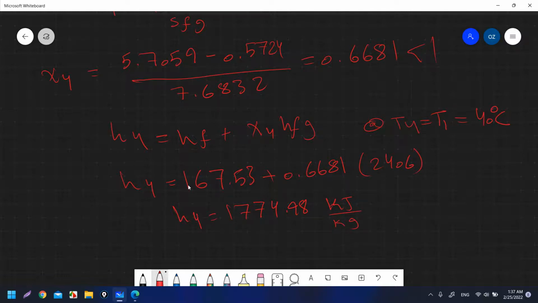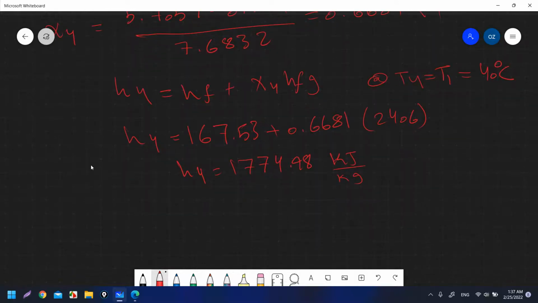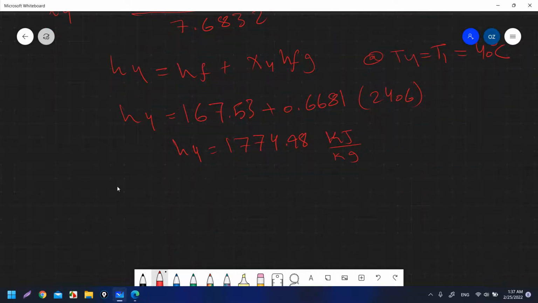And now we found all of the enthalpies, so we can find the efficiency. Efficiency is what? It is net work, w small, kilojoule per kilogram, over Qn. Okay, net work is what? Work turbine out minus work pump in.